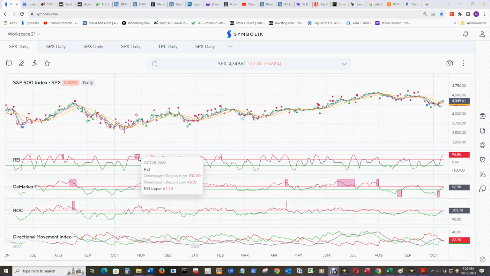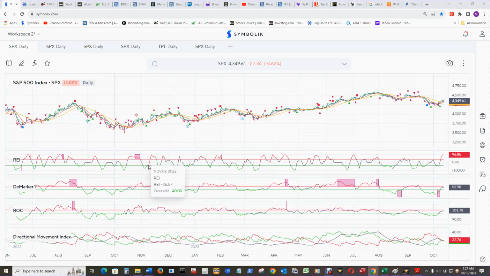And then when REI came down and went back under oversold 40 for less than 5 days, and then went back above it, you can see that DM1 and ROC were still in the upper areas and definitely did not go below oversold. So there's the second buy zone right there on the REI when it went back above the oversold line. It happened a couple of other times over here too. So that's what we're looking for.